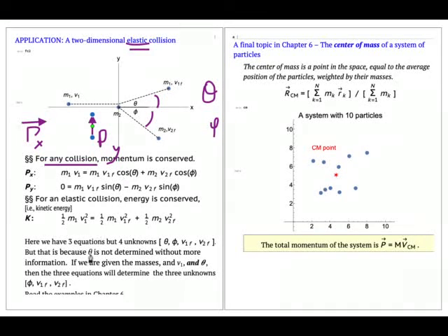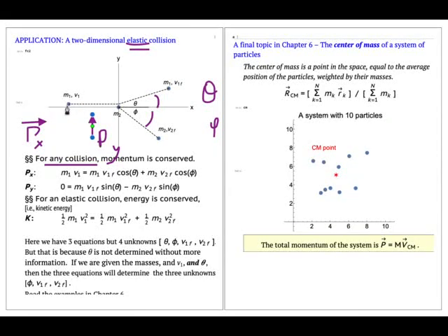To determine theta, you have to have more information. For example, I've drawn this little sphere m1 as slightly displaced from the x-axis so that it doesn't hit m2 head on. It hits it a little bit displaced from the center. That causes m1 to go off at an angle theta. It's scattering. And then m2 has to go off at its angle phi to conserve momentum in the y direction.